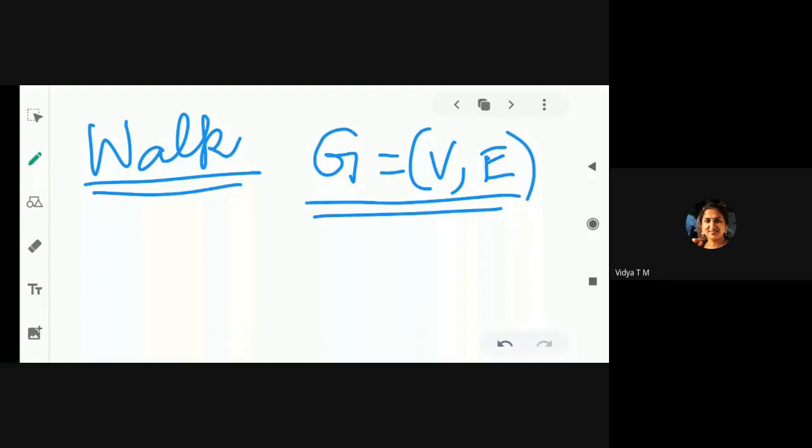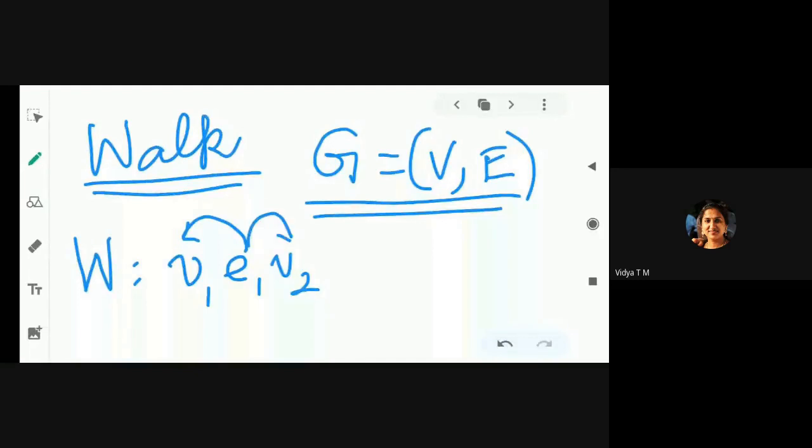Usually a walk is written W colon V1, followed by an edge. For that edge, this V2 must be an end vertex of E1, then follows another edge, let me call it E2, then comes another vertex.